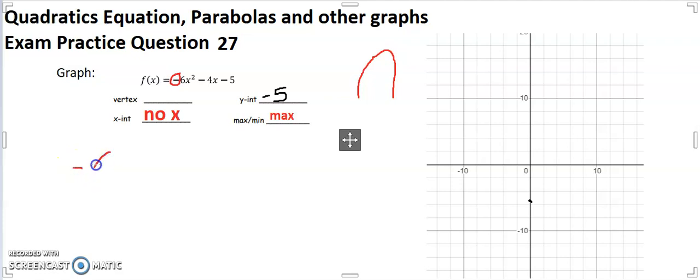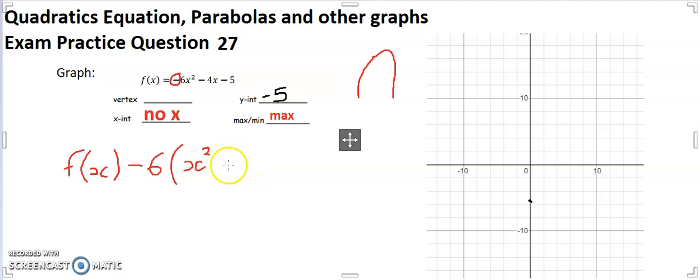So in this case here, first thing I'm going to think about is get rid of the 6 and factor it out. So if I factor the negative 6 out, that leaves me with x squared and negative 4x divided by negative 6.